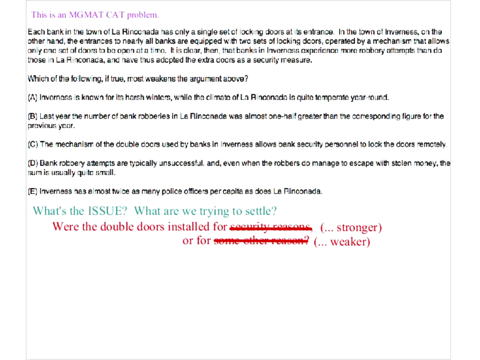These are not just bank employees who are closing up shop. These are the people whose job is security. If they want to lock the doors from their office, the most reasonable reason is so that they can prevent crime attempts or catch criminals. The most reasonable interpretation of this statement is that they want to lock the doors remotely for security reasons.